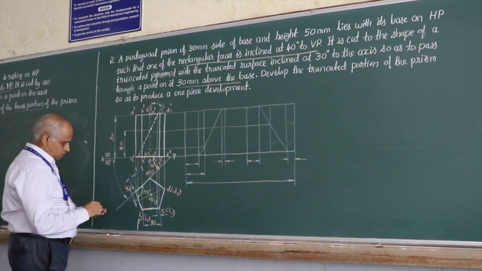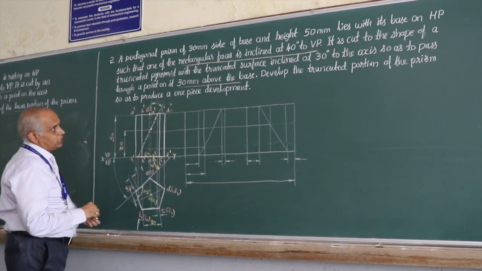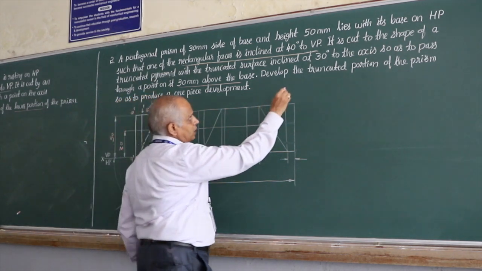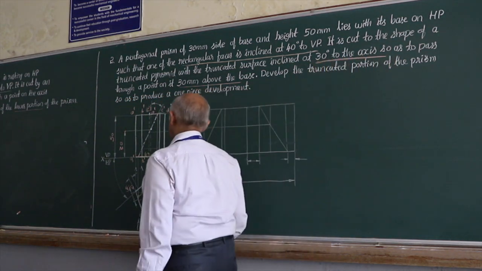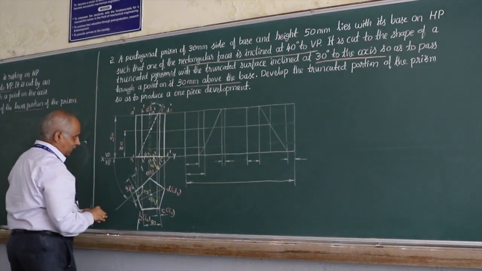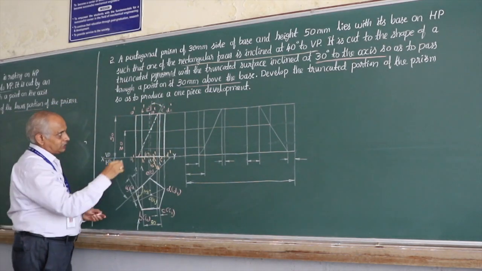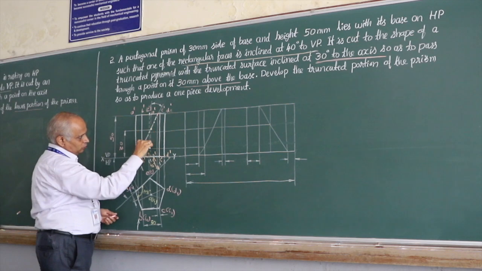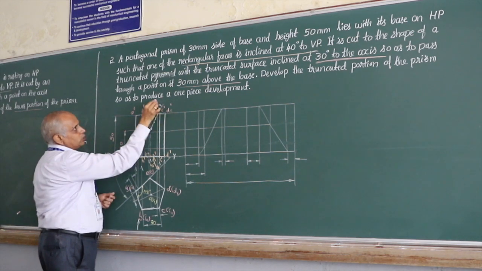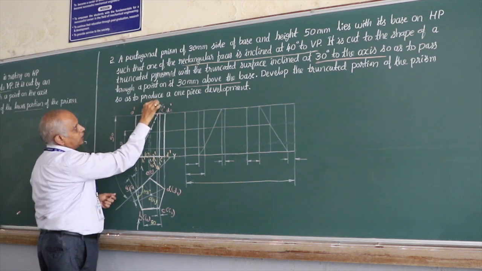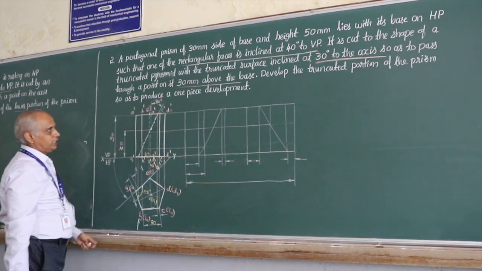And a point that you need to clearly understand here is the section plane is making 30 degrees to axis. Oversight, don't write it with respect to XY line. It should be with axis. Axis is this line. So with respect to this axis, the angle made by this section plane should be at an angle of 30 degrees.